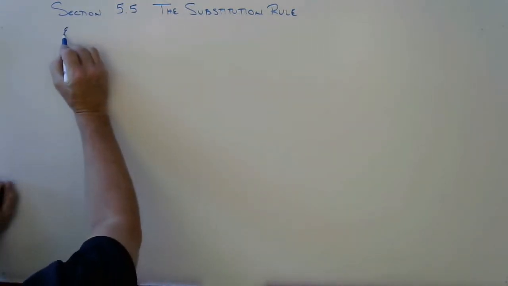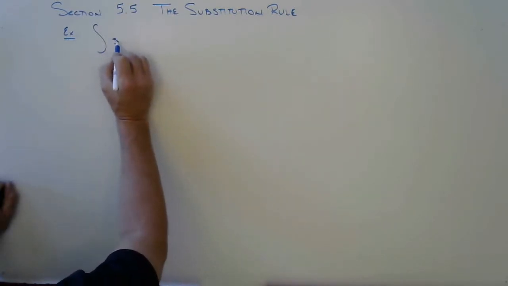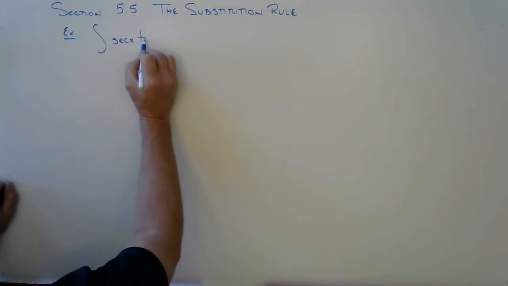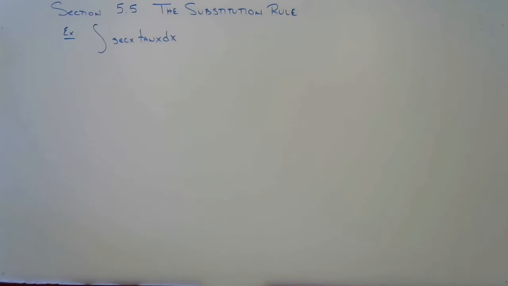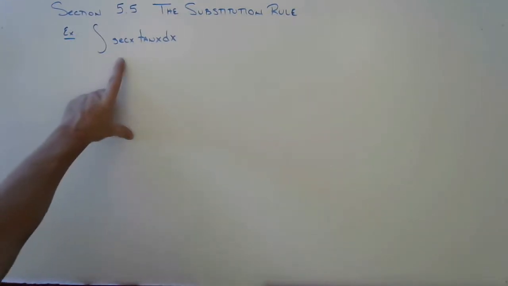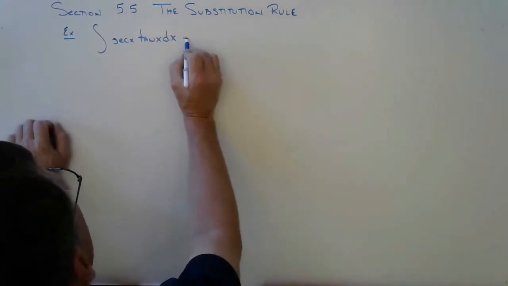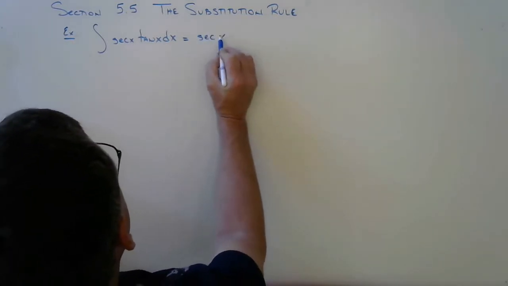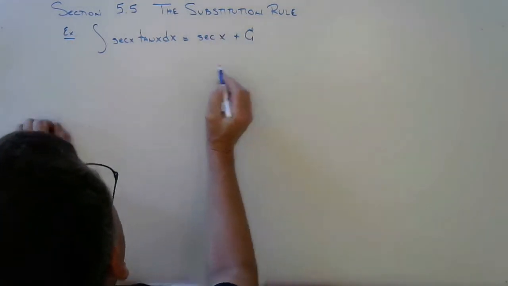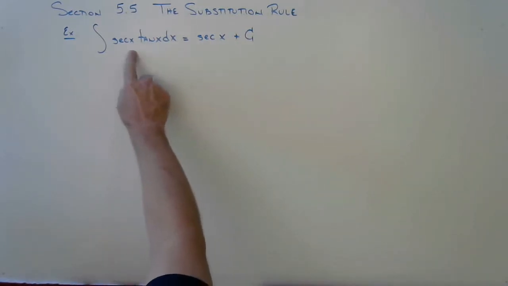For example, we can all integrate secant x tangent x dx because we know the derivative of secant is secant tangent, and therefore the antiderivative of secant tangent is secant of x plus c. So right now we can integrate only if we are able to find the antiderivative of the integrand.